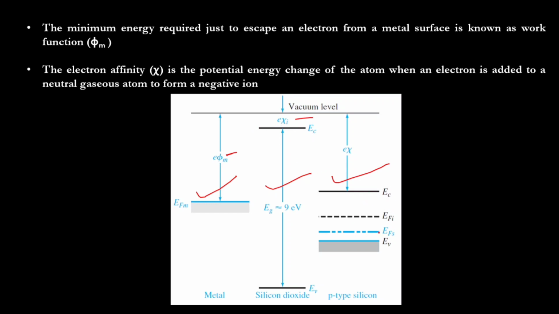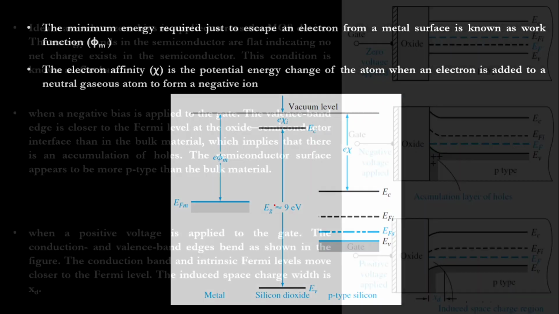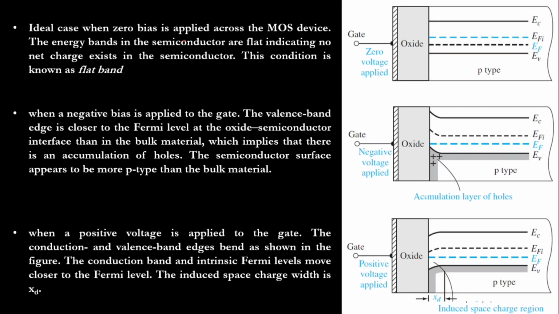We are going to bring all these energy levels together, and we'll see them one by one. First, the ideal case, when zero bias is applied across the MOS device. We are not applying any voltage.